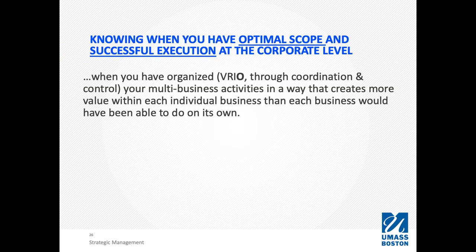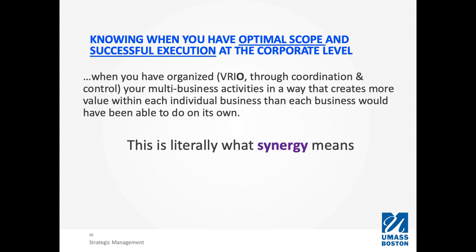But here's the key takeaway. If you have done all of these right, and the combinations create more value together than they would apart, this is what synergy is. And it's worth noting that this is really difficult. Many mergers and acquisitions are failures because there is not enough additional value being created through the combination of businesses.